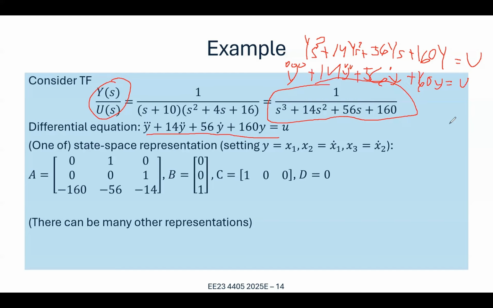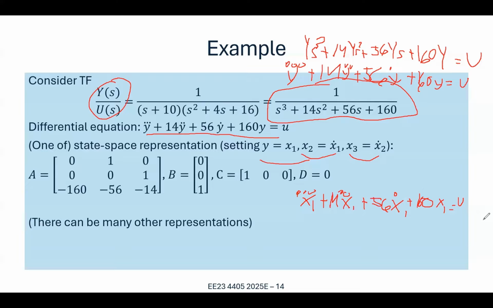If we set y to be x1, x2 to be x1 dot, x3 to be x2 dot, we get x1 triple dot plus 14 x1 double dot plus 56 x1 dot plus 160 x1, which is u.